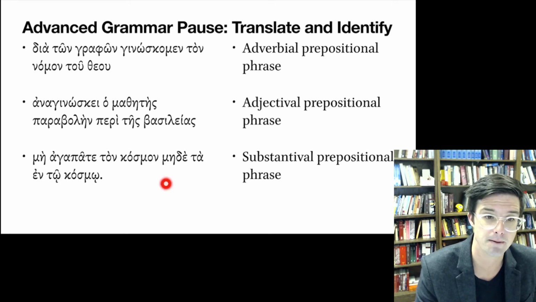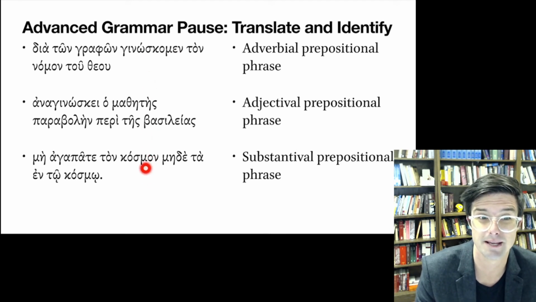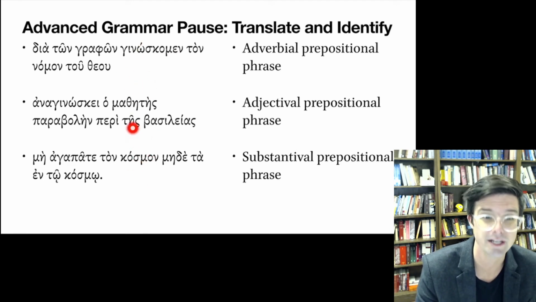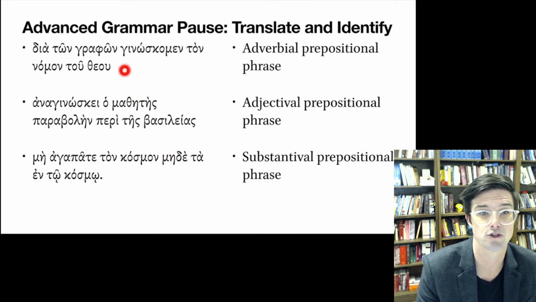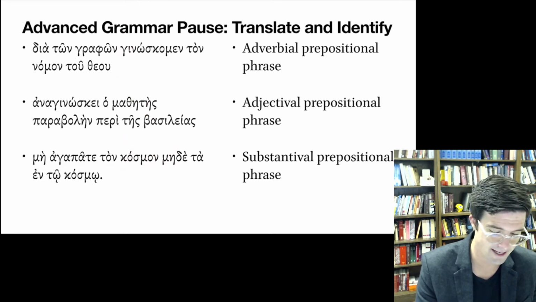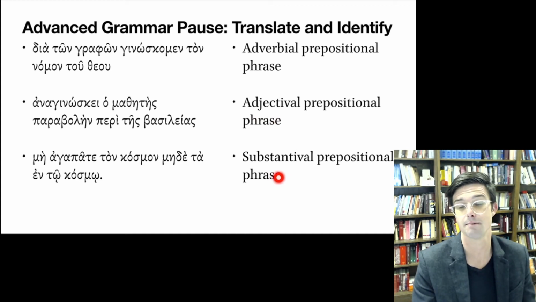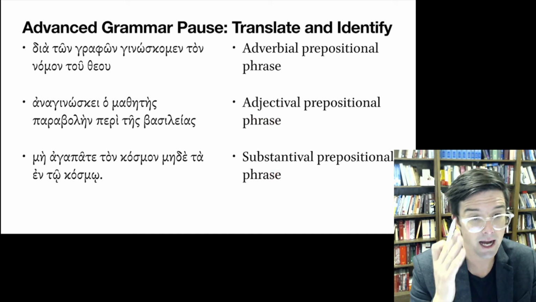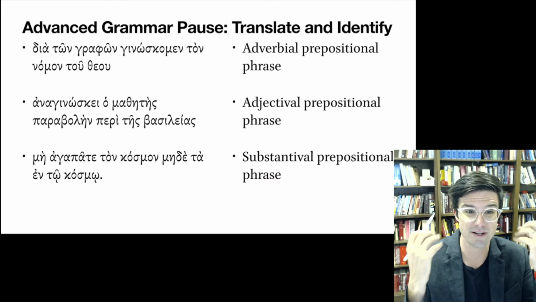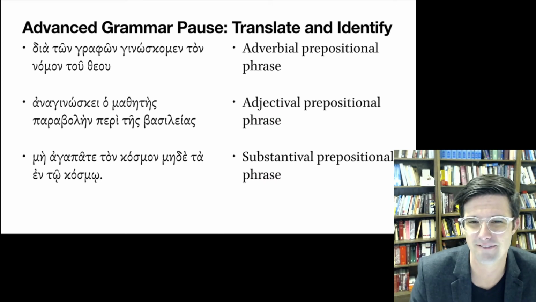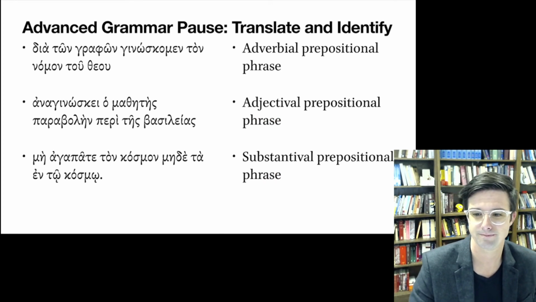See if you can give a preliminary translation of each short sentence. And then match which one is an adverbial prepositional phrase, which is adjectival, and which is substantival. Go ahead and pause, do those things, and when you unpause, I will be here to offer you some answers.